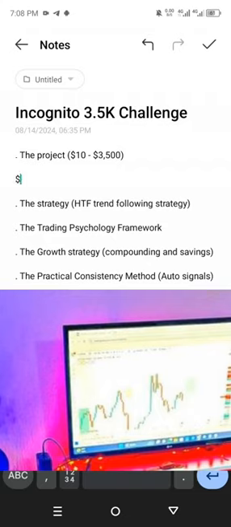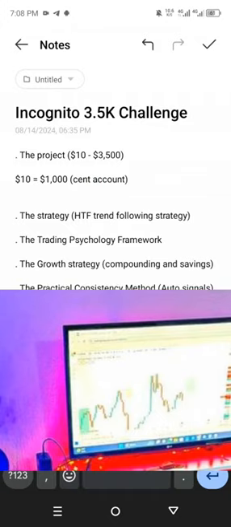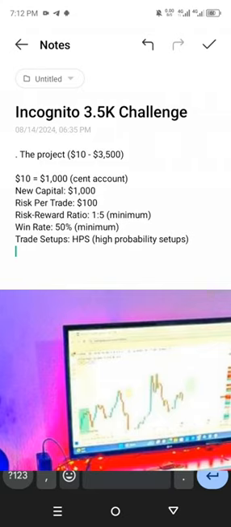We're going to convert this $10 into $1,000, and we're going to be doing that with the help of a cent account, and then automatically our new capital becomes $1,000. So these are the parameters that will be required for us to achieve our number one, which is this here.